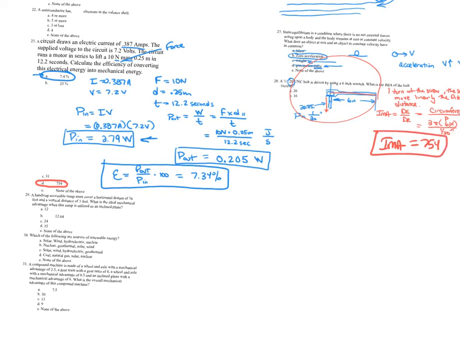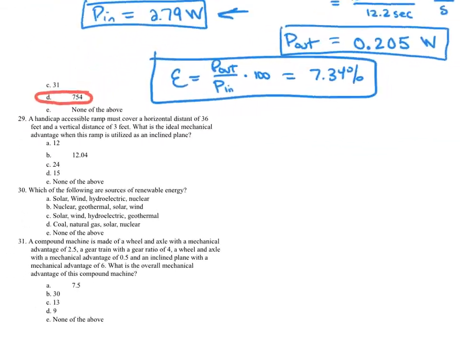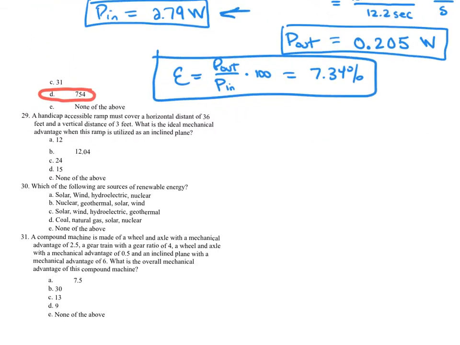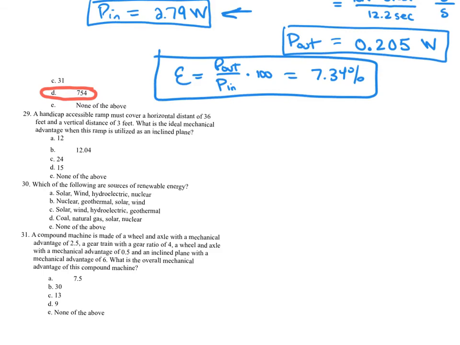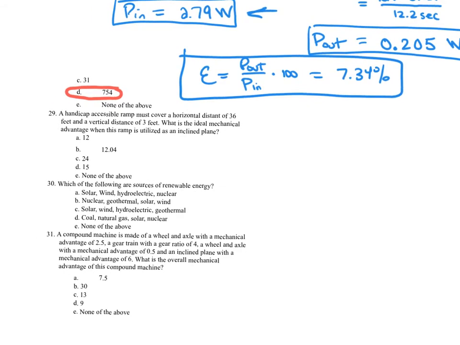All right, let's go ahead and move on to number 29. We're just about done. A handicap accessible ramp must cover a horizontal distance of 36 feet and a vertical distance of 3 feet. So we have this ramp here. What is the IMA when it's utilized as an inclined plane?